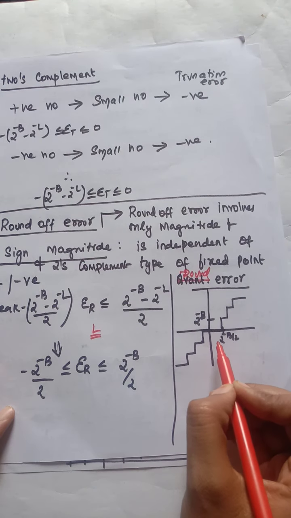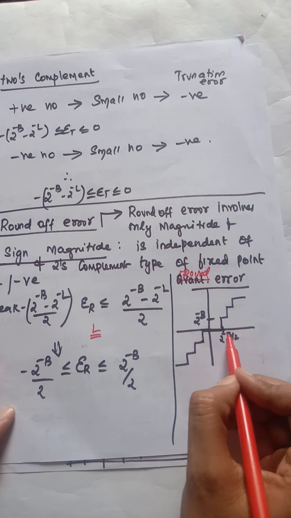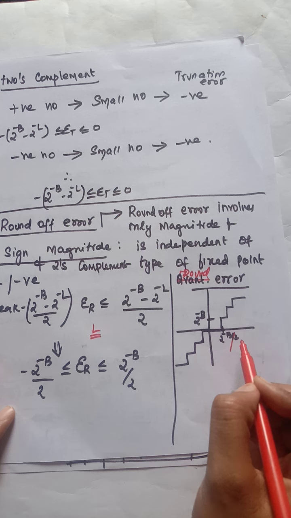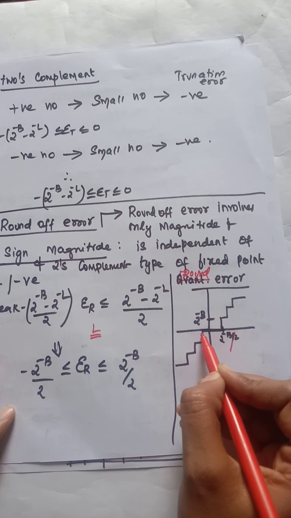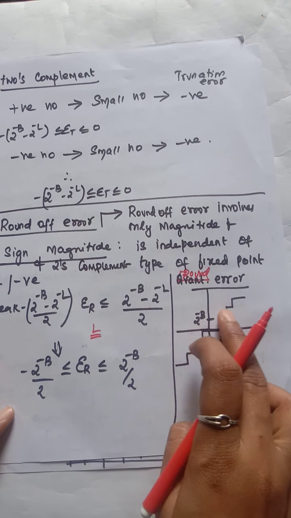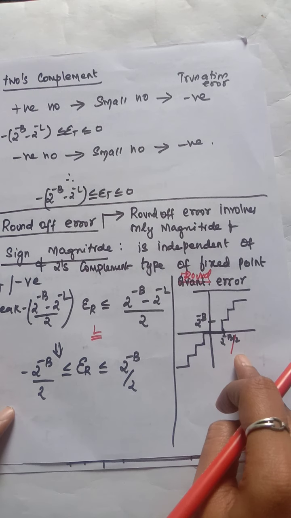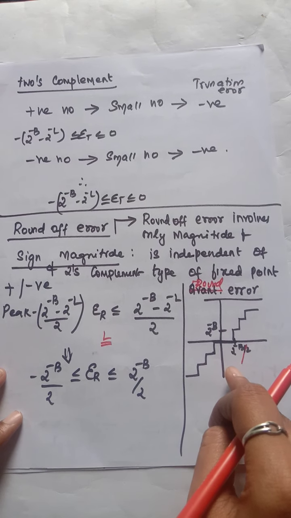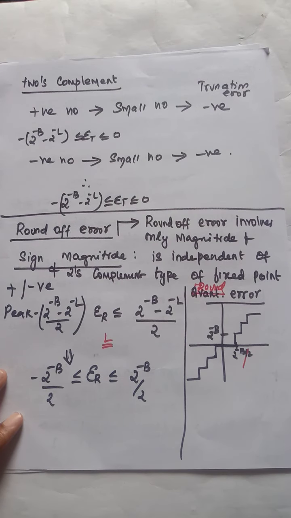Here it lies between minus 2 power minus b by 2 and 2 power minus b by 2. Here is the positive peak 2 power minus b by 2, and the negative peak is minus 2 power minus b by 2. As you know, this is the step size in quantization error, which you have studied in digital communication. So this is the round-off error for sign magnitude and 2's complement representation.